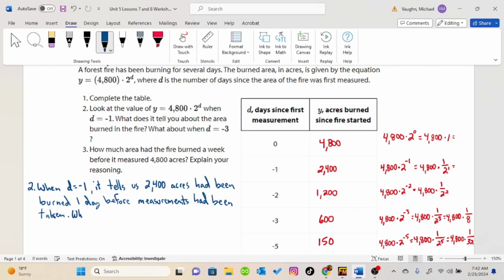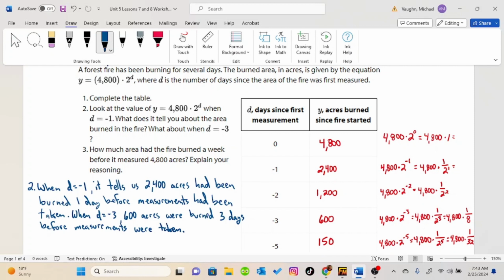So, when d equals -3, 600 acres were burned 3 days before measurements were taken.